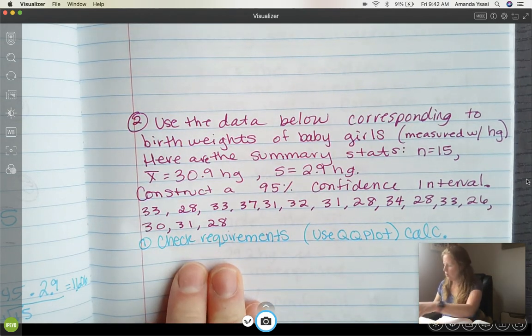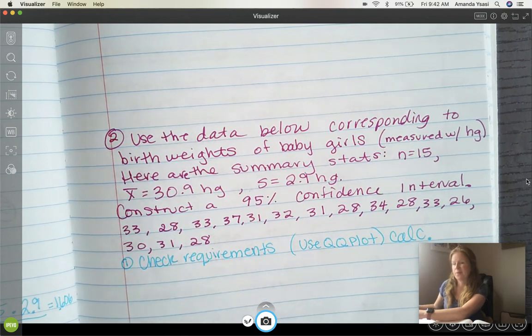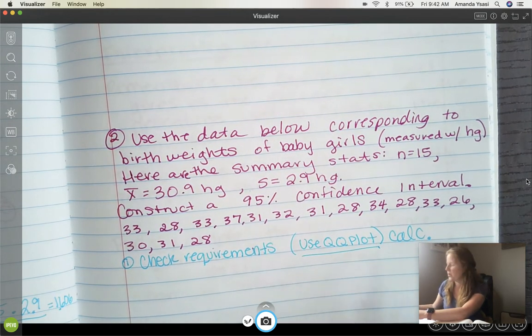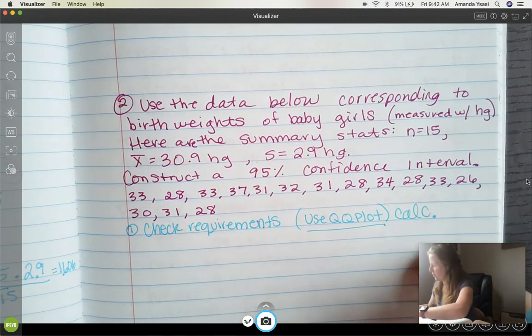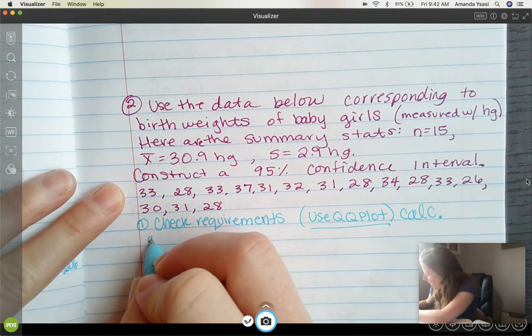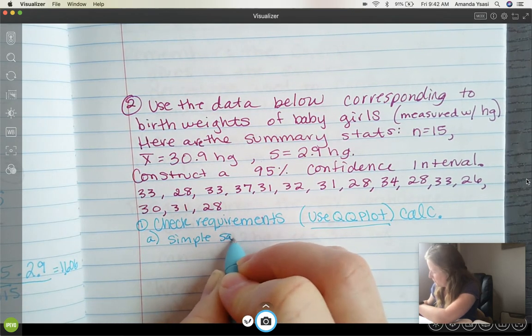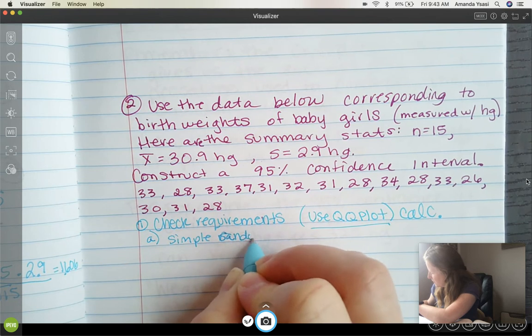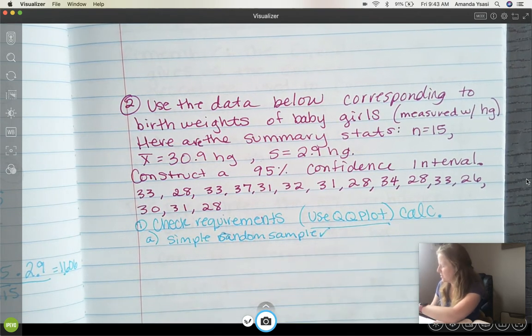Okay, so first thing we want to do is check your requirements. And you know what I realized? I did not show you how to use the QQ plot in the calculator because our requirements are that it's a simple random sample. That's true. So A was simple random sample. Yes.